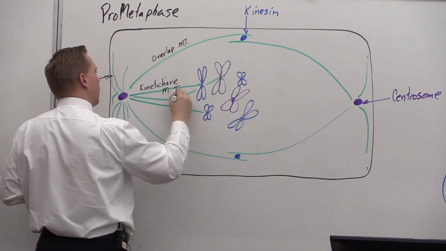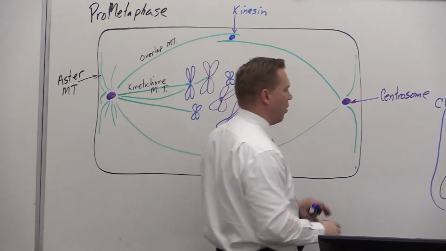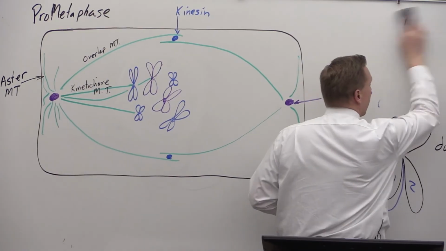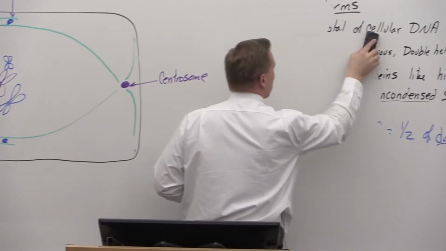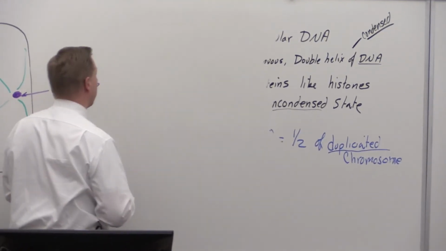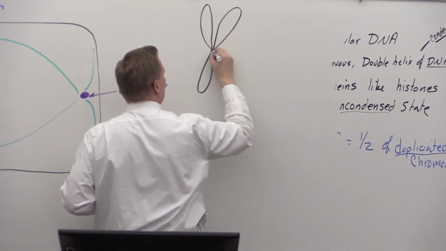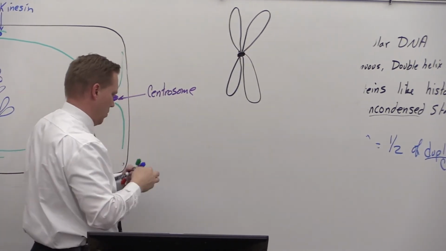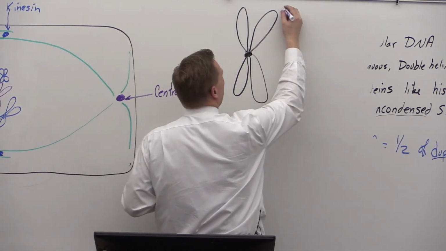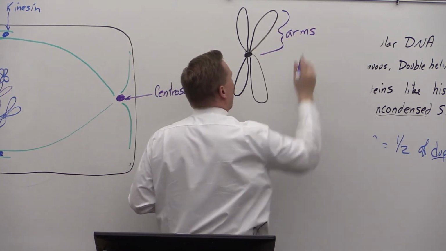Kinetochore microtubules. Now, to understand why they're called kinetochore microtubules, let's come back over here and talk about chromosome structure for just a moment. So let's draw a duplicated chromosome. This region right here, these kind of bulbs, is called the arms of the chromosome.